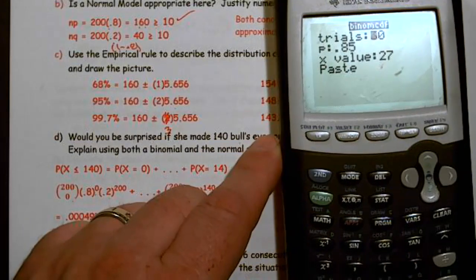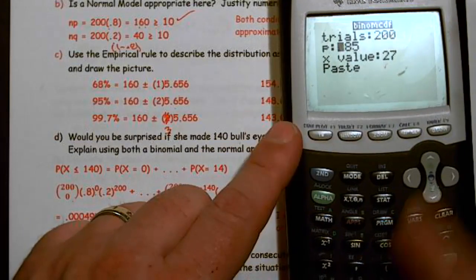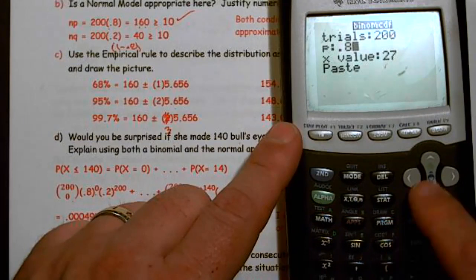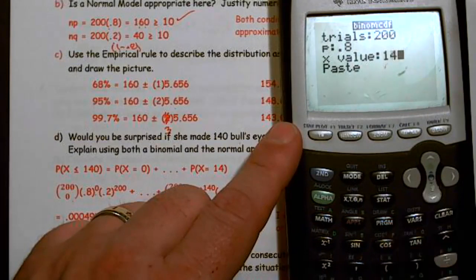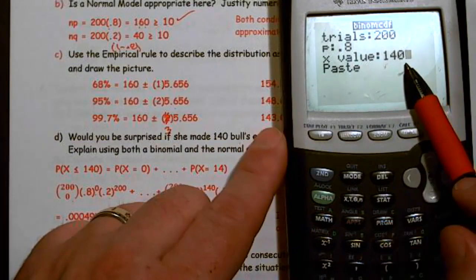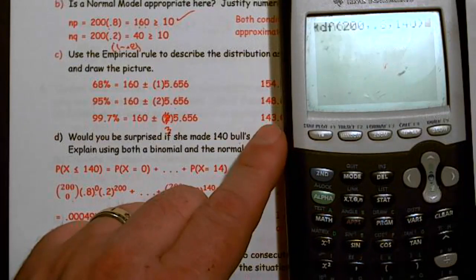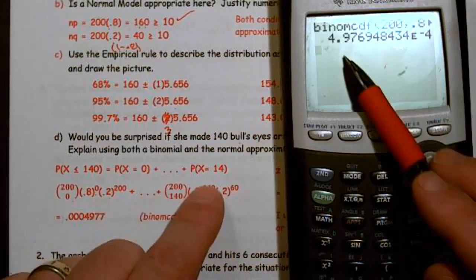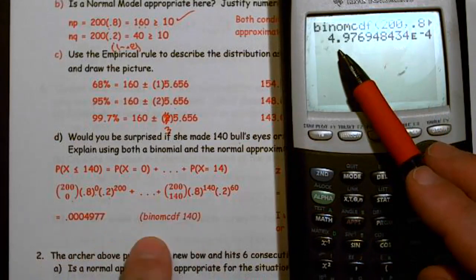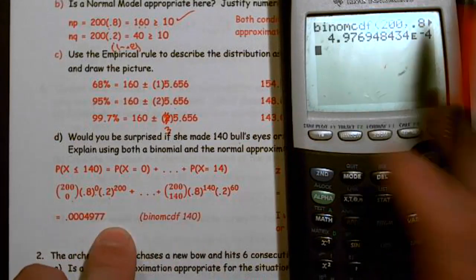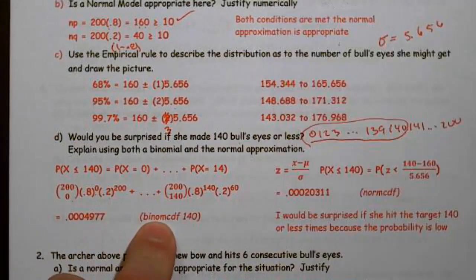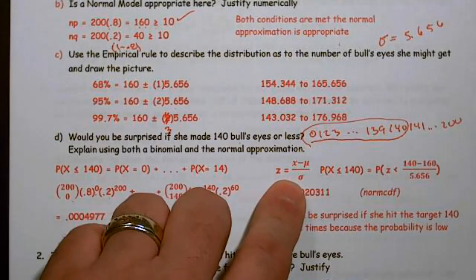So the number of trials is 200. The probability of hitting the bullseye is 0.8. And we want 140 or less, so we're going to use our x value of 140. And I get 0.0004977. Pretty rare.